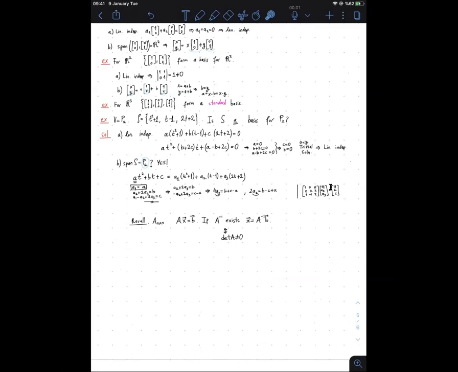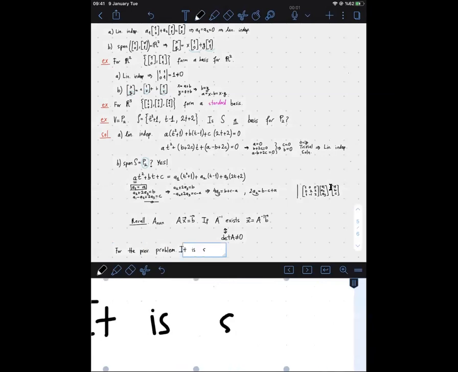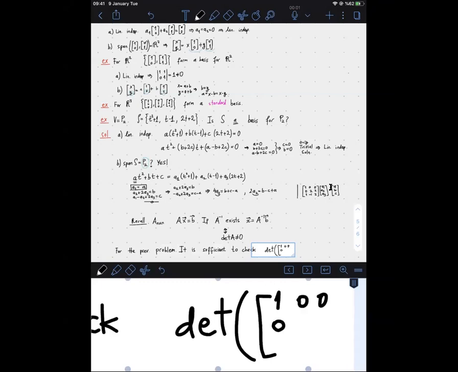Okay, let's write it here. So for the previous problem, it is sufficient to check that the determinant of the matrix, which is 1, 0, 0; 0, 2, 2; 1, minus 1, and 2, is non-zero.